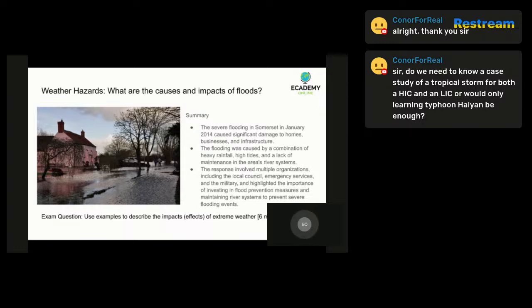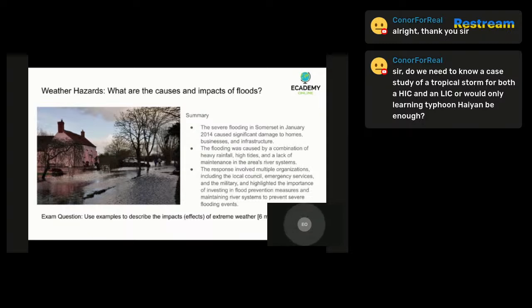The flooding also sparked a national debate about how we manage our river systems in the UK, with calls for increased investment in flood prevention measures and also regular maintenance of river channels.